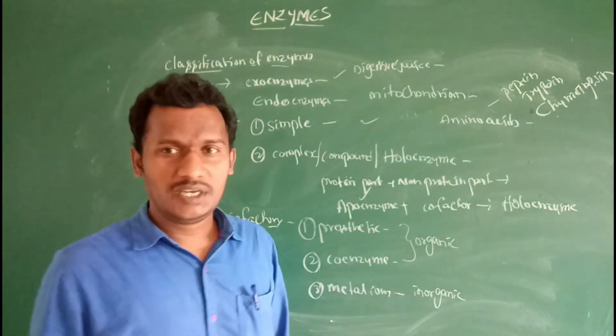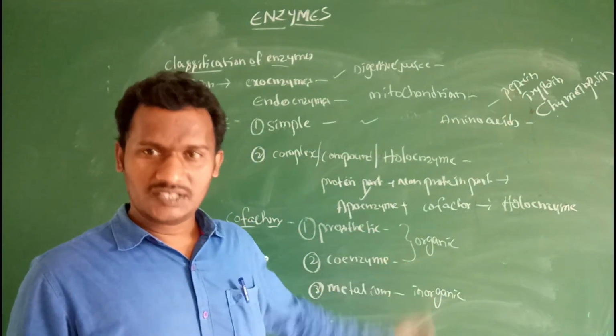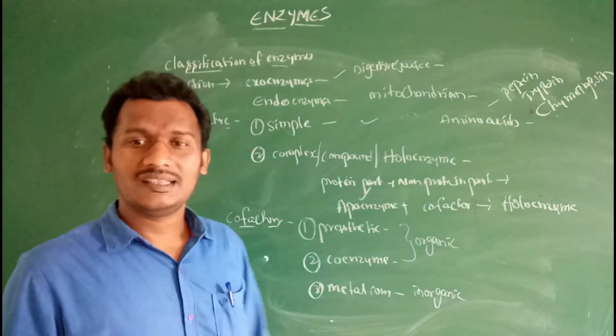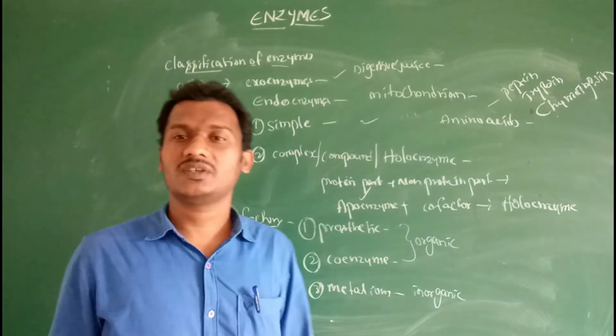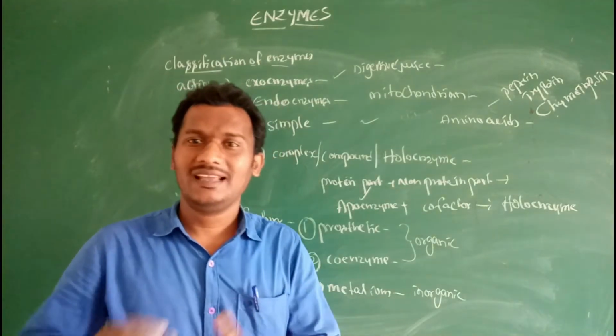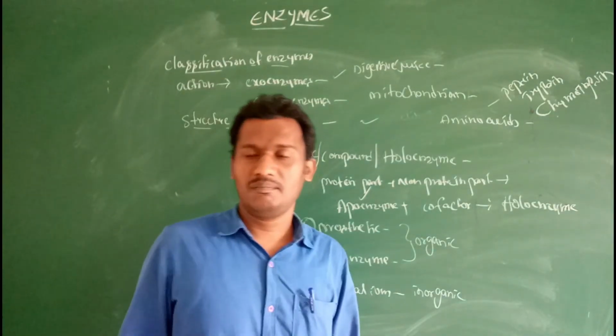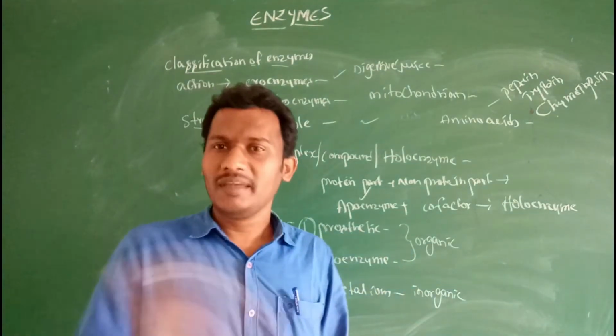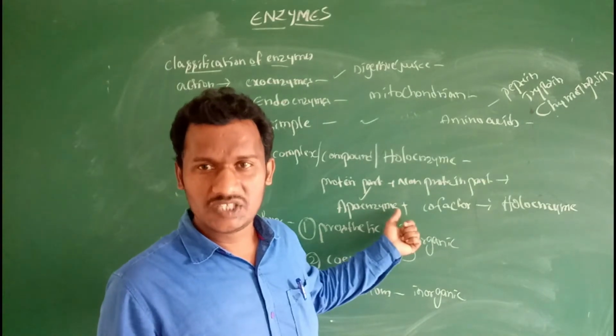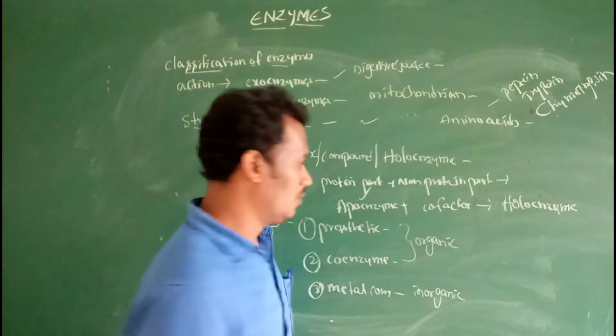The prosthetic group is an organic compound. It is tightly bound with the apoenzyme, that means the protein part, during the chemical reaction. After completion of the chemical reaction, this prosthetic group remains with the apoenzyme, so it is called a prosthetic group.